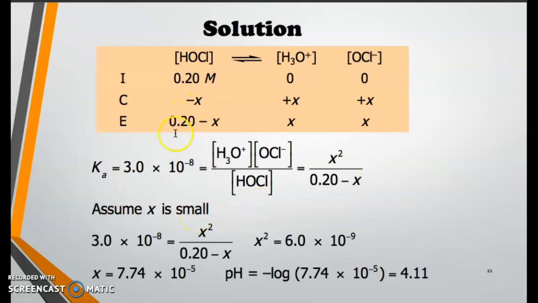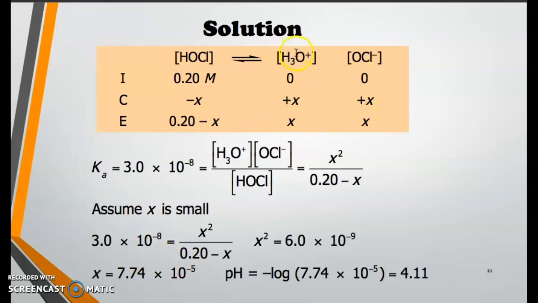Approximately, this one is 0.2, so you can cancel the X here, but not this X. So you get the answer for X equal to 7.74 × 10^-5.